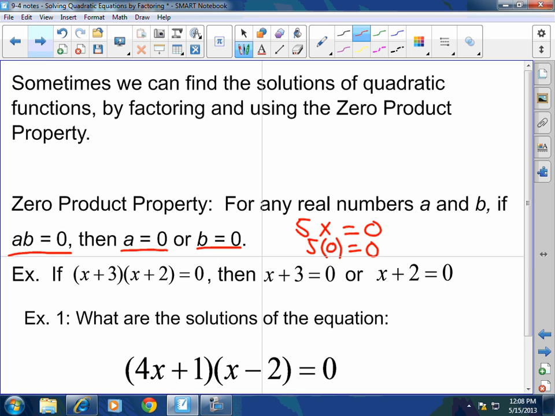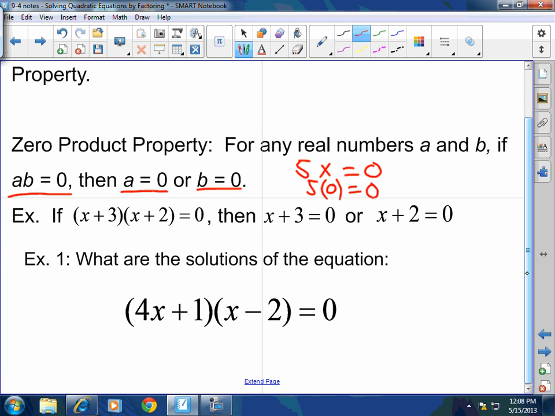So if I told you, for example, that x plus 3 times x plus 2 equals 0, then since this is a zero product property, I must set x plus 3 equal to 0, and I must set x plus 2 equal to 0. And then I solve. Subtract 3 from both sides, so x would equal -3, and also it will equal -2.